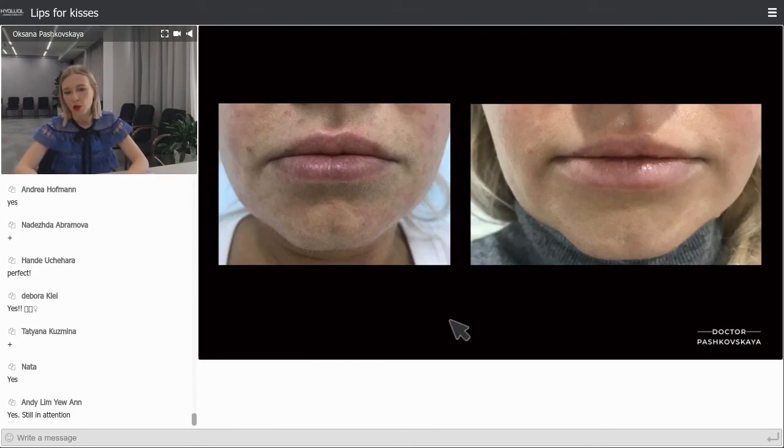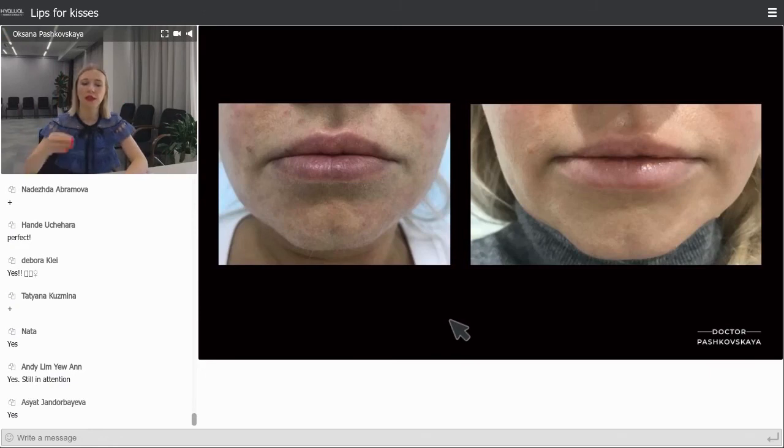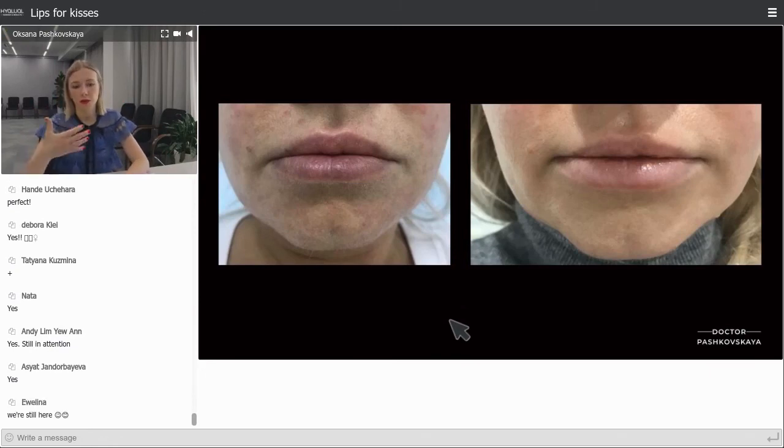A few years ago she was injected, and nothing changed with the size, and maybe the size satisfied her, but you see that the lips have no definite form. It's not aesthetically pleasing, it's not really attractive, in my opinion.